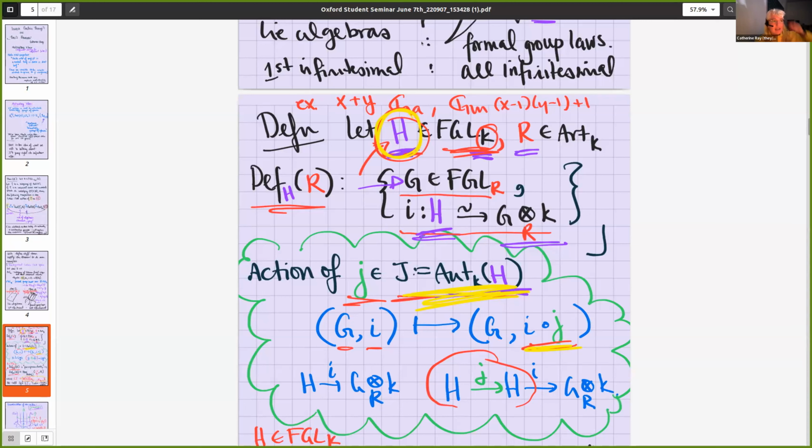As whoever just asked that question stated, these formal groups can come from completing an abelian group scheme at the identity. Sorry, I'm trying to draw here. An example: if we take the additive group scheme and we complete at the identity, we get x plus y.